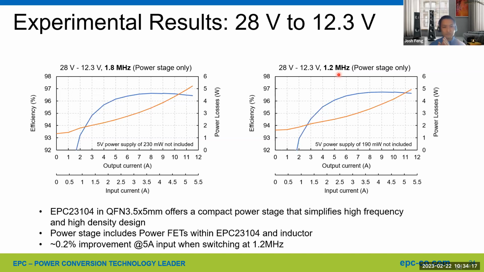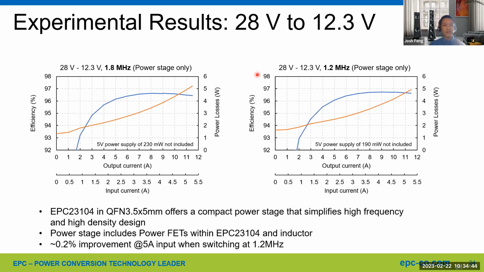If higher switching frequency is not the end goal. In this particular case, the device under test is called 23104. It offers a very compact power stage and simplifies customers' design, especially high switching frequency and high density design.